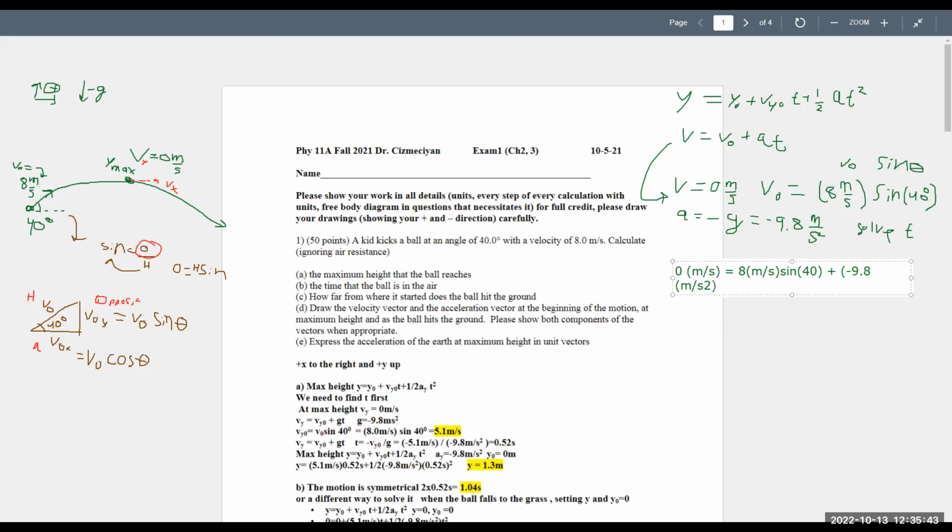And then that means you move the 9.8 over.